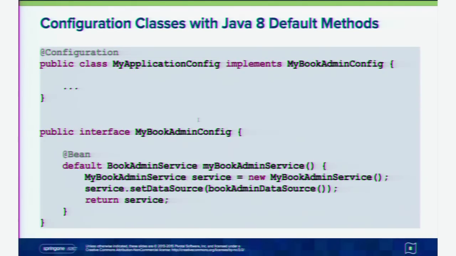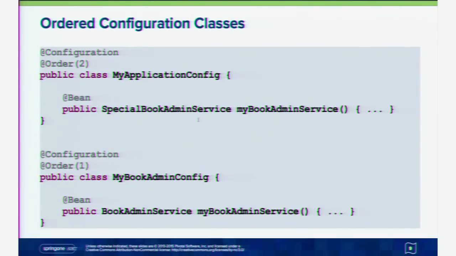So it may look slightly unusual, but it works just fine, the same way that default methods work in Java 8 overall. So we're taking this pretty far, in particular, not just the configuration class story, but also our use of Java language features.